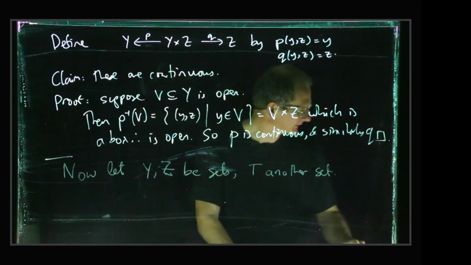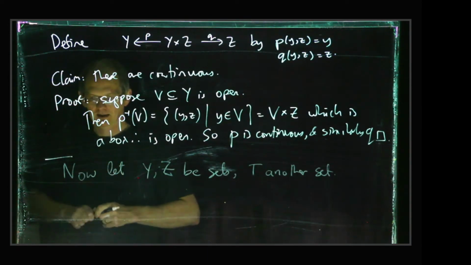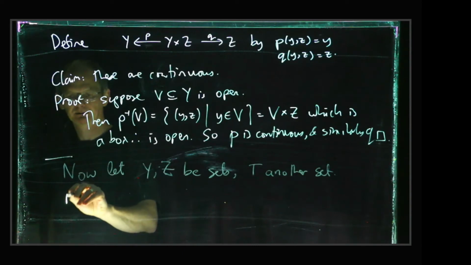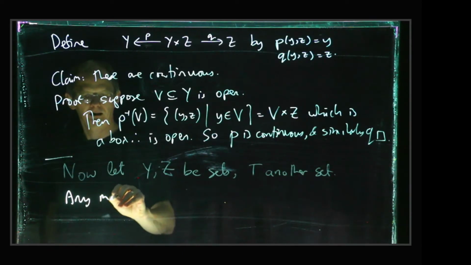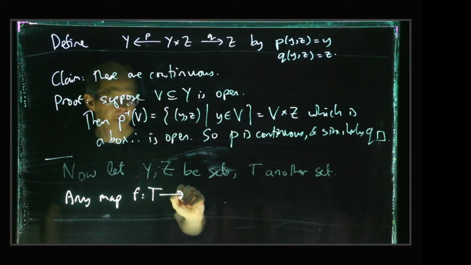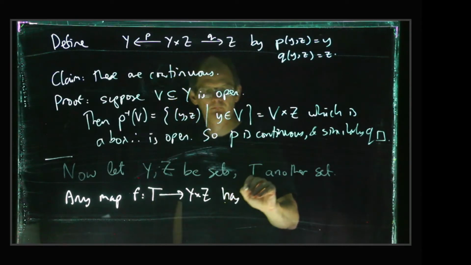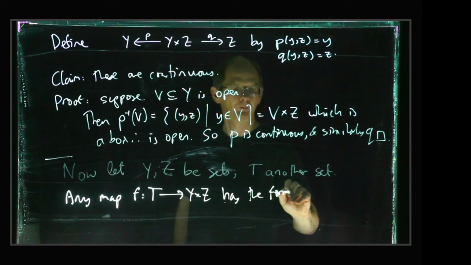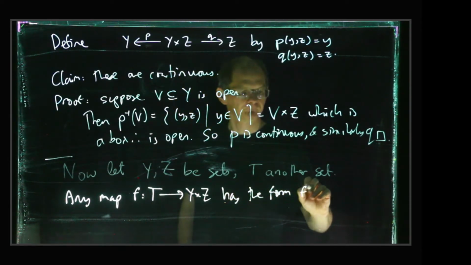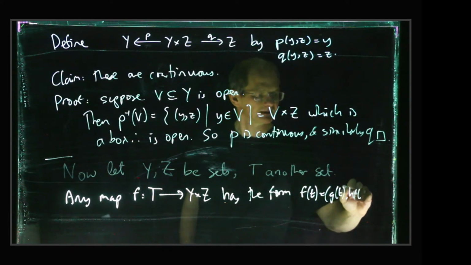So then any map F from T to Y cross Z has the form F of T is G of T, H of T.